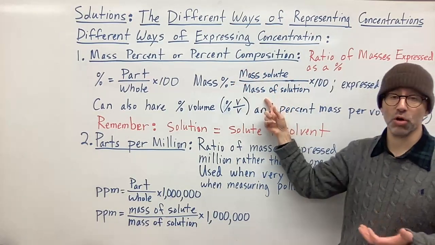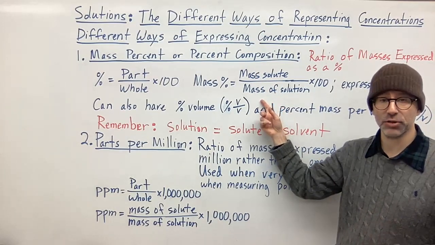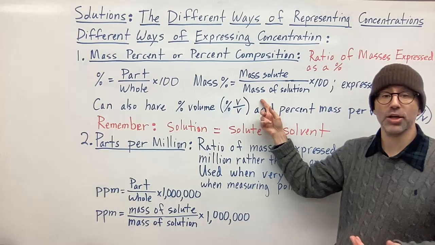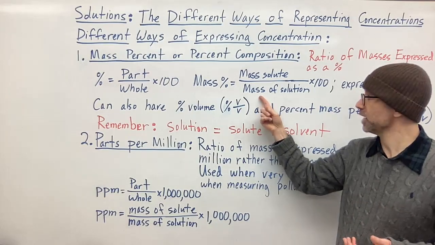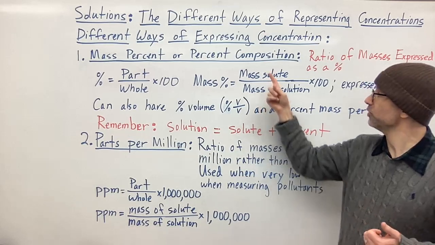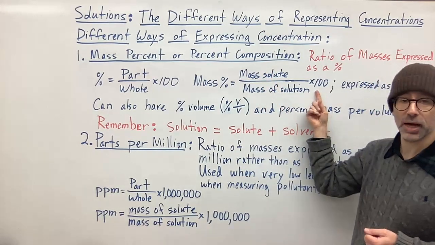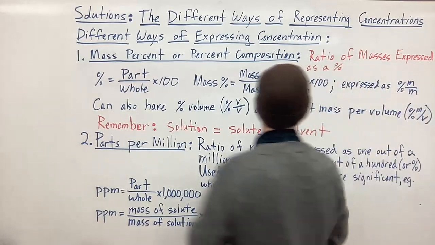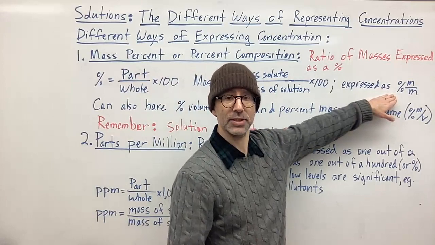And the masses are normally going to be in grams, but not necessarily grams. It could be in kilograms or whatever unit is convenient at that particular time for whatever reason. So you take the mass of the solute, divide that by the mass of the solution, and you multiply by 100. And so this is expressed as percent M over M, mass over mass, right?